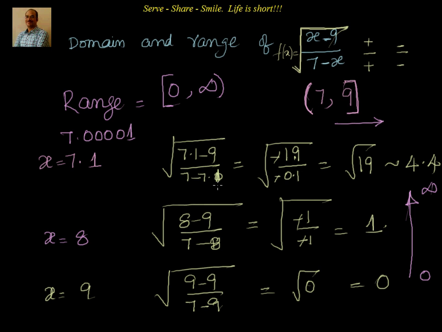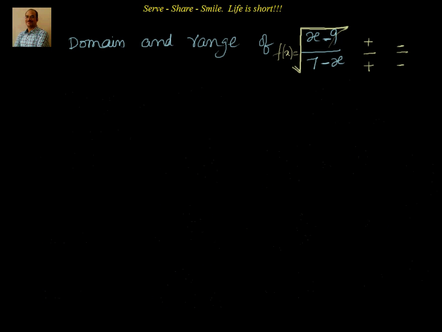Now let us also do this by using the technique of finding out the domain of the inverse function. So we'll write down y equal to square root of x minus 9 by 7 minus x. Can I simplify that?